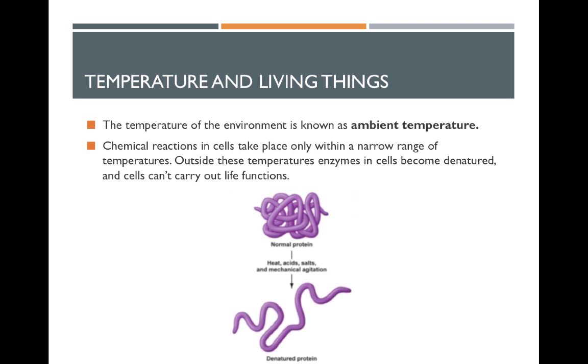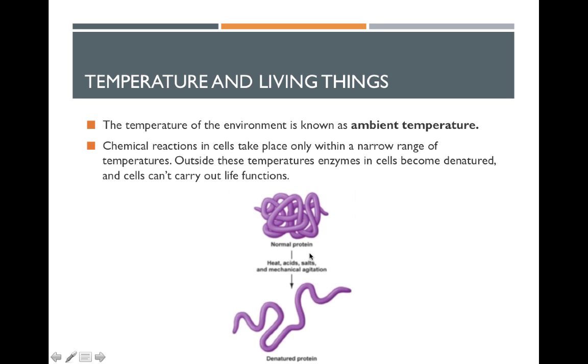So the temperature of the environment is what we call the ambient temperature. And as you guys are probably well aware by now because we've done a bit on enzymes, enzymes have their specific heat ranges that they really like to stay within. And if we change those temperatures too much, the enzymes become denatured. So as you can see here, this is an example of a normal protein, and enzymes are proteins.